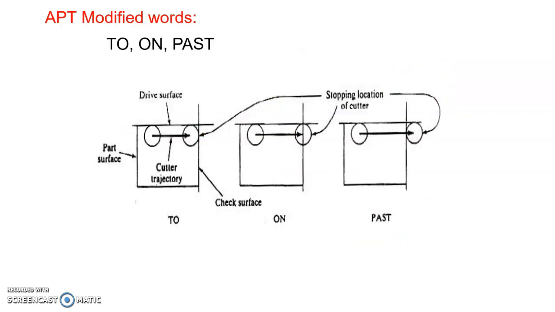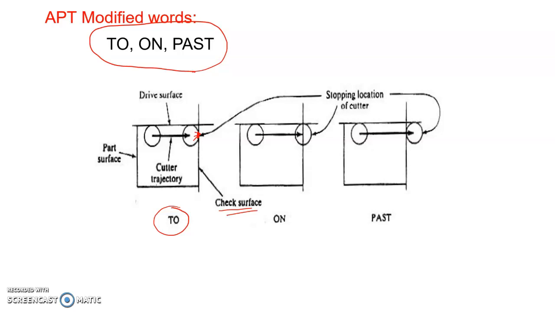Along with the check surface, we can have APT vocabulary words like TO, ON, PAST, etc. These pictures show the meaning of using TO, ON, and PAST. First, TO. If we use TO along with the check surface definition, then whenever the end or edge of the tool meets the defined check surface, the tool has to be stopped.